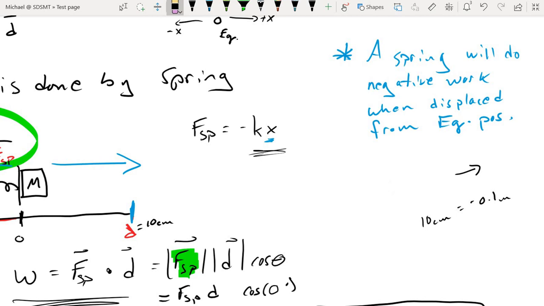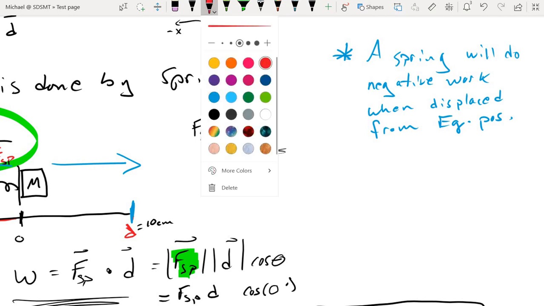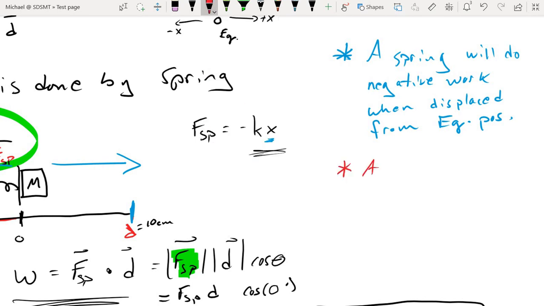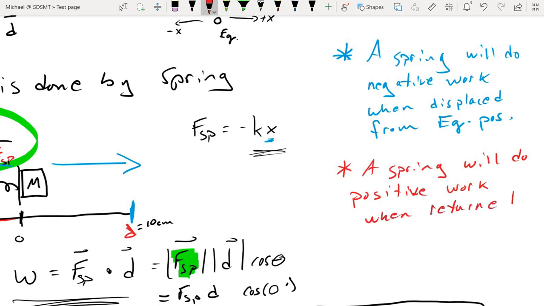But then we also know that if we allow the spring to return to equilibrium, then the spring will do positive work when it is returned to the equilibrium position.